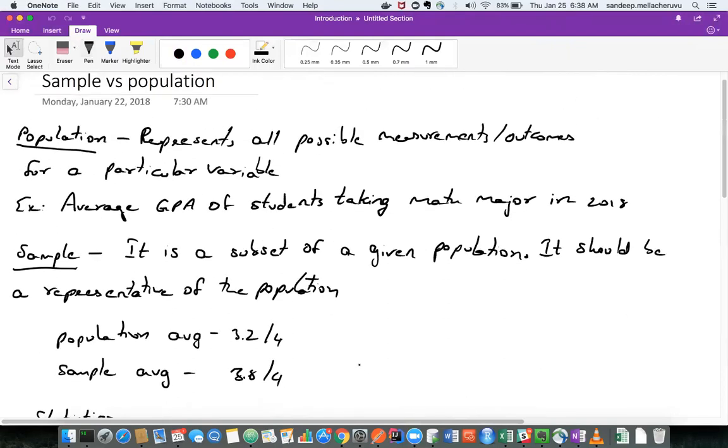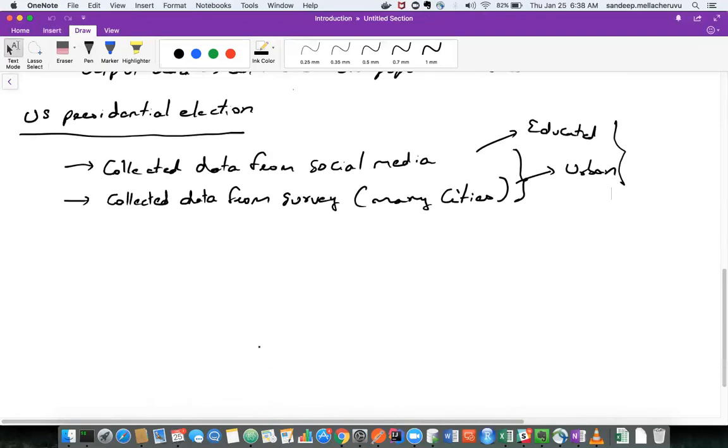As long as your sample is not representing your population, there will be some bias in the system, and the bias will try to pull your outcome from one place to another, like from Trump to Hillary. The outcome got pulled, right? Yes, so that's what happens when you collect biased data.